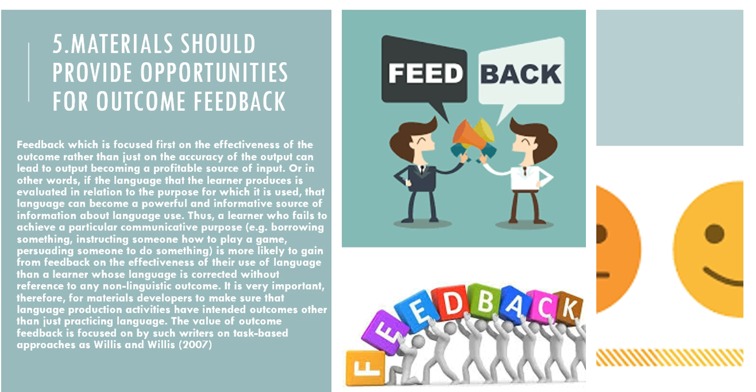Thus, a learner who fails to achieve a particular communicative purpose, for example, borrowing something, instructing someone how to play a game, persuading someone to do something, is more likely to gain from feedback on the effectiveness of their use of language than a learner whose language is corrected without reference.